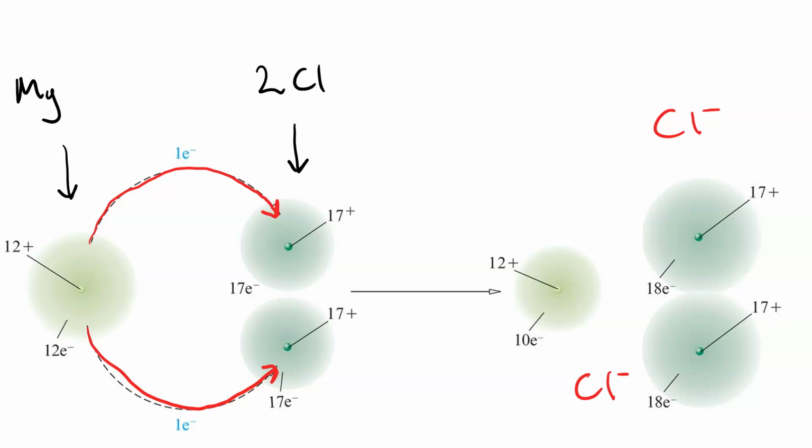They're larger because of extra electron-electron repulsion. And our magnesium is left having 10 electrons, but still 12 protons. So what's the charge on magnesium? Well, charge equals protons minus electrons. 12 minus 10 is 2. So this is how our ions are formed.